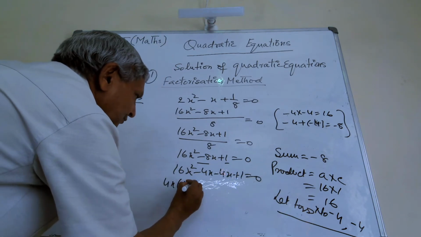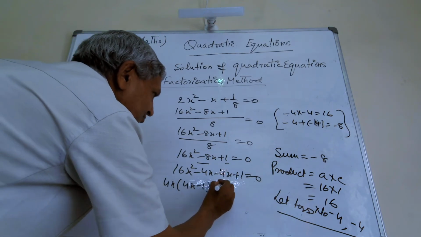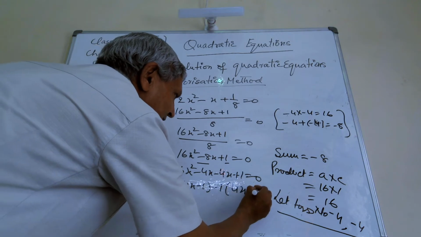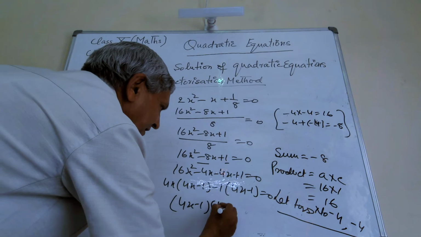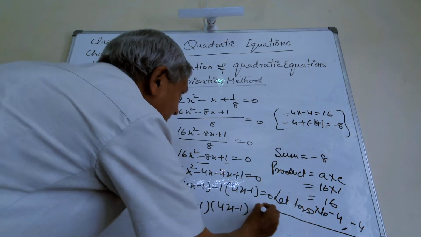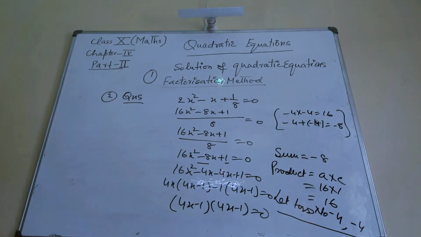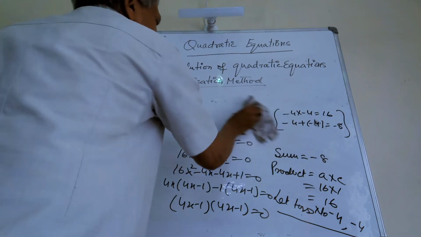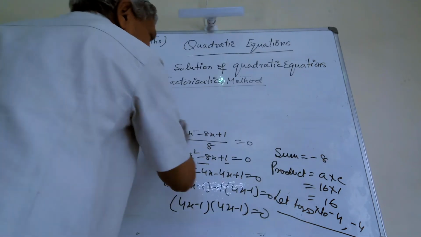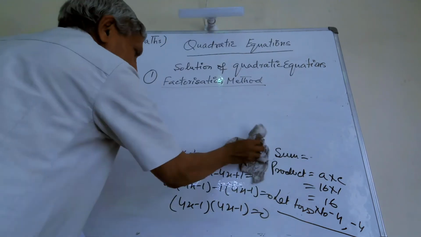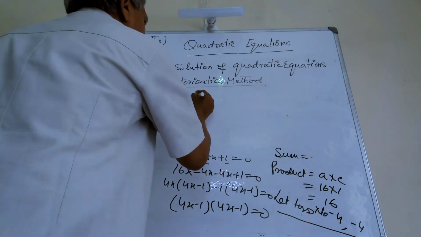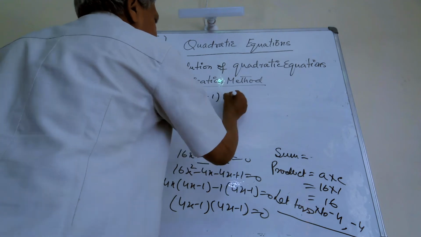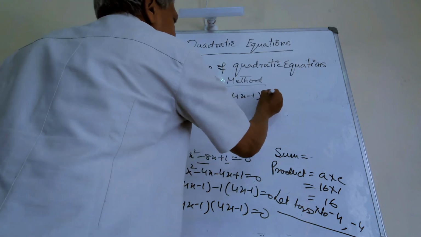4x common, 4x minus 1 common, 4x minus 1 is equal to 0. The second factor is also 4x minus 1 is equal to 0. These are the two factors of this quadratic equation. Now I am writing it again: (4x minus 1)(4x minus 1) is equal to 0.